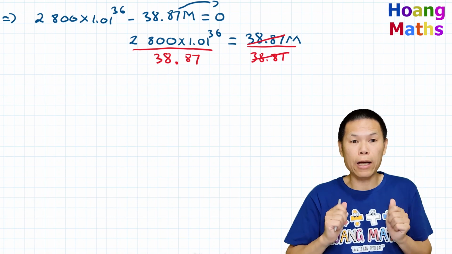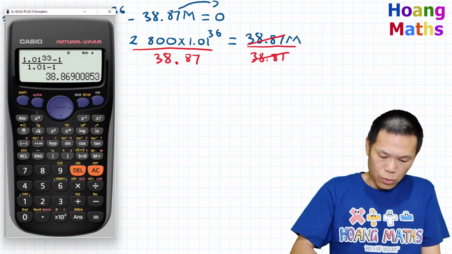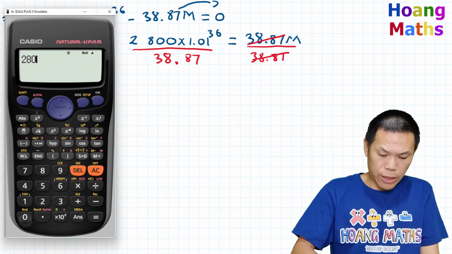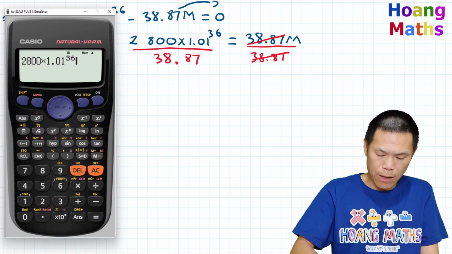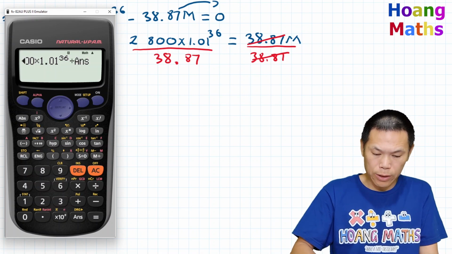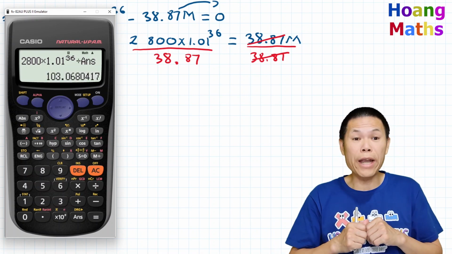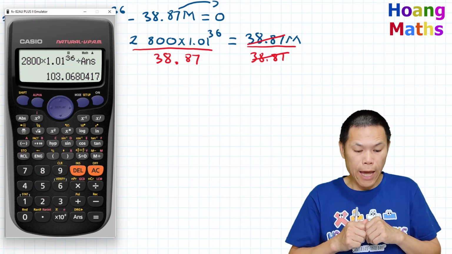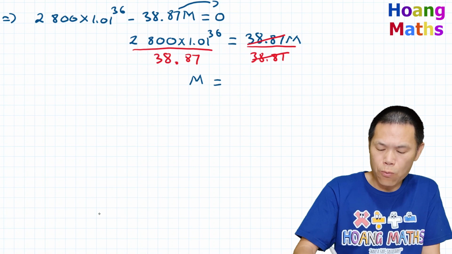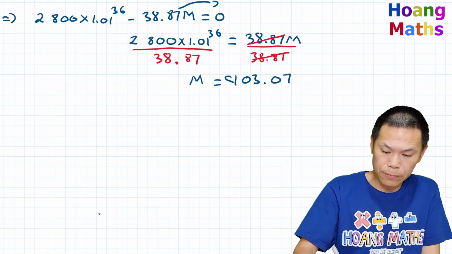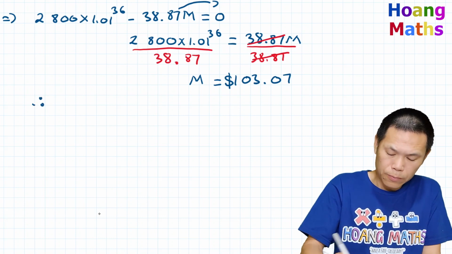So I just put it on a calculator. I just go 2,800 times 1.01 power of 36, and then we just divide by the answer that was the last one I did. So $103.07. So M is equal to 103.07.